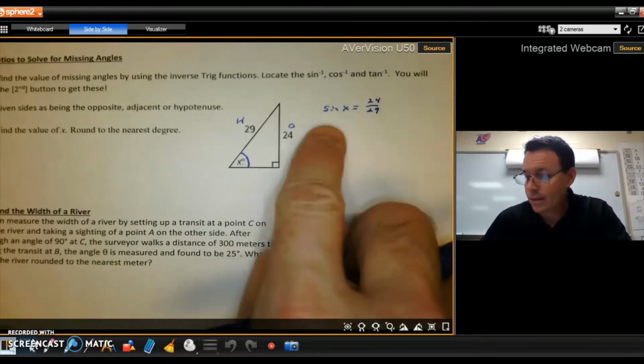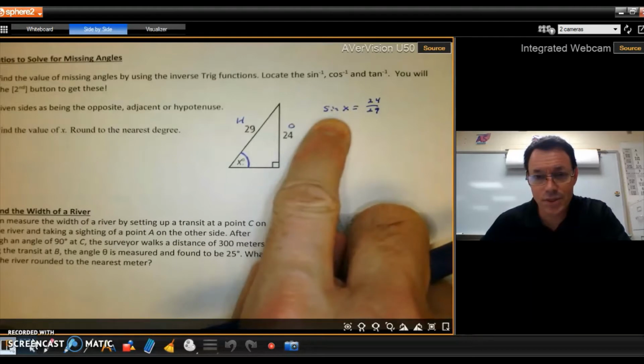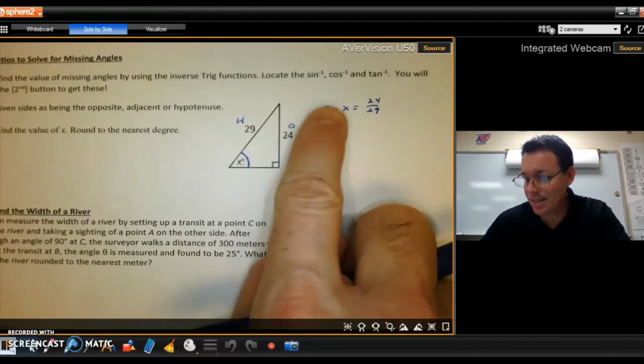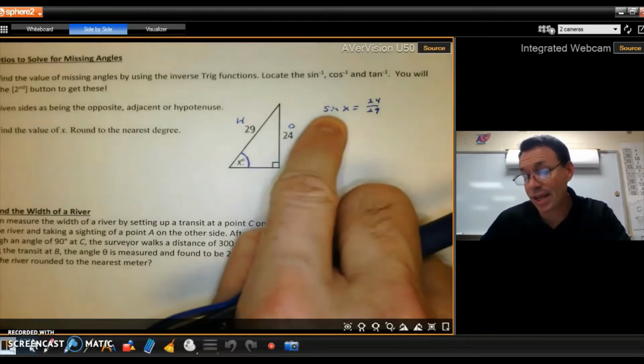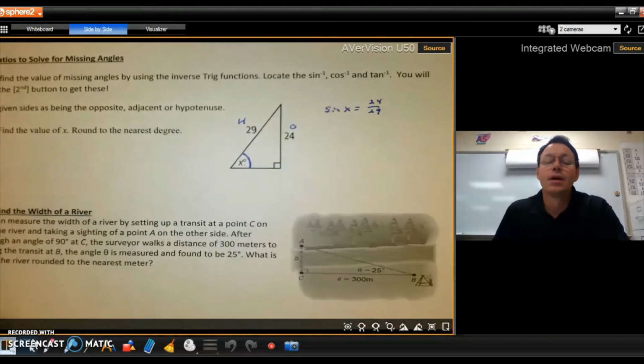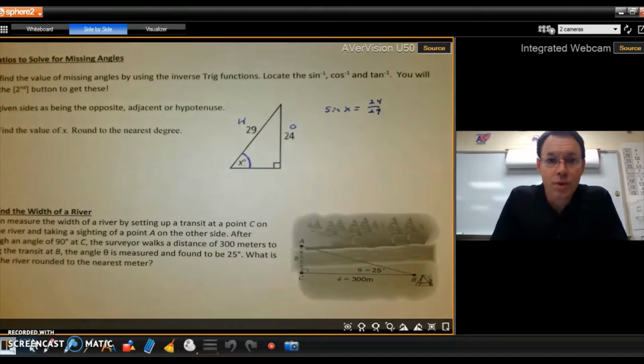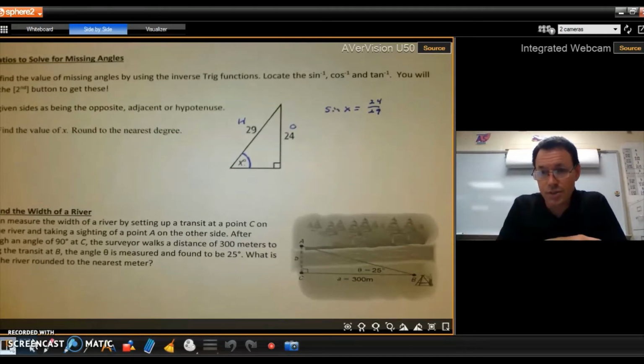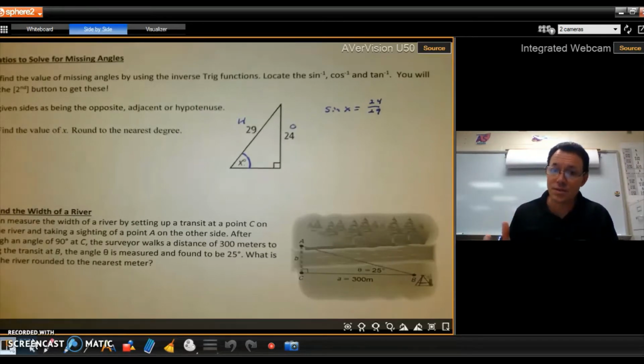Now, this is not going to be solved the same way. I can't just hit the sine of x in my calculator. I've got to get rid of this sine. I want to get the x all by itself. Well, all of the trig functions have what are called inverse functions, just like multiplication and division are inverses, or exponentials and logarithms from last semester. They were inverses of each other.